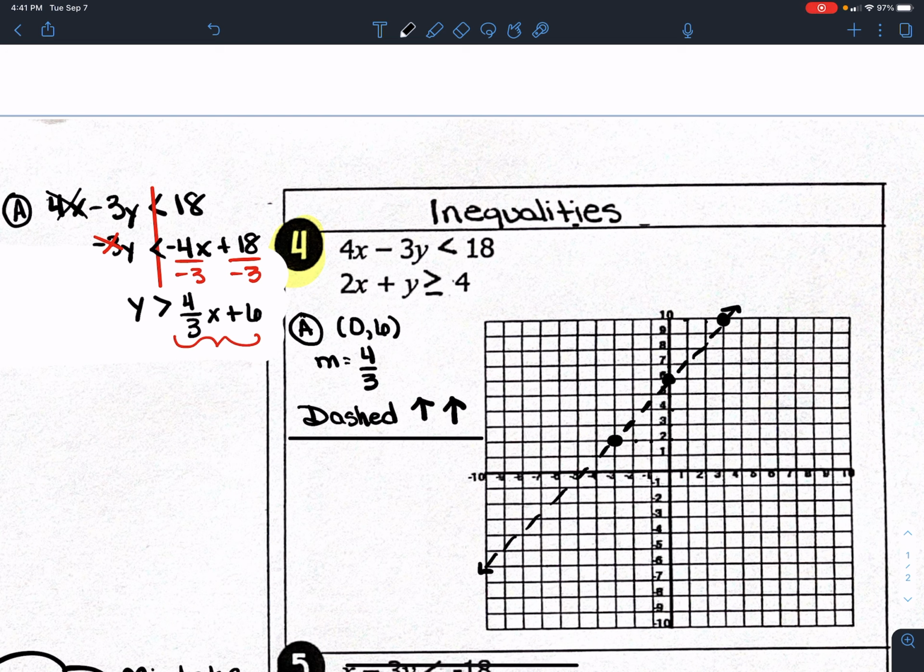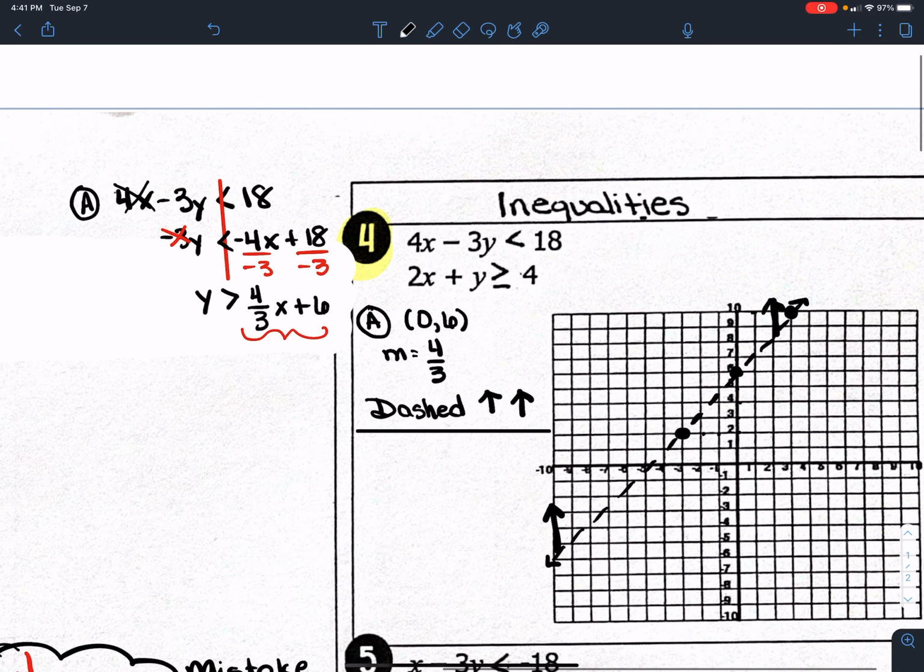And we are going to shade above that dashed line. Okay. All right, now for equation B.